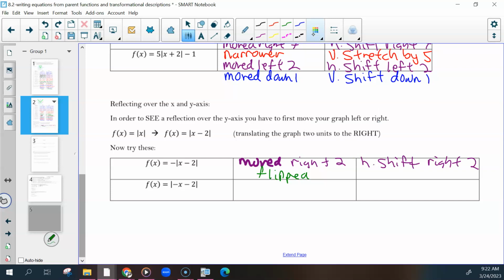And a vertical reflection. So in my calculator, I'm going to leave these first 2. I'm going to take this one out, and I'm going to put this one in so we can see what happened, what changed.